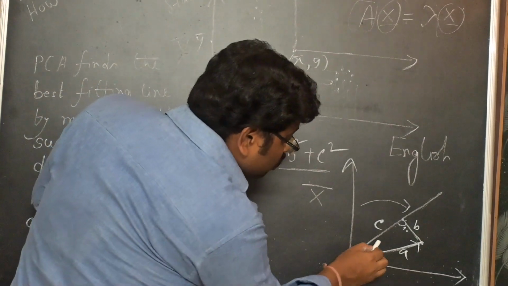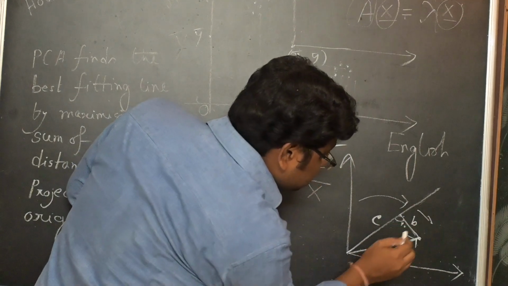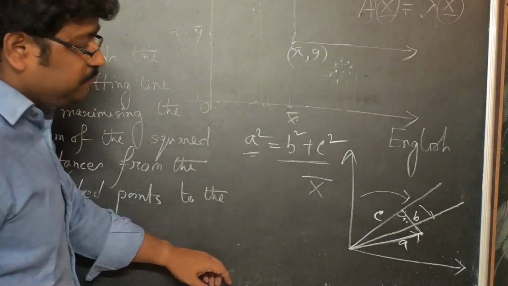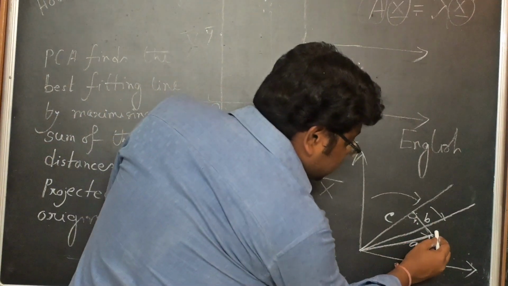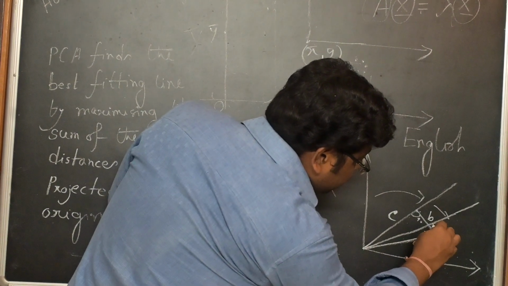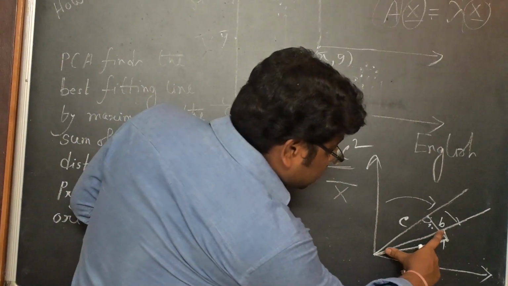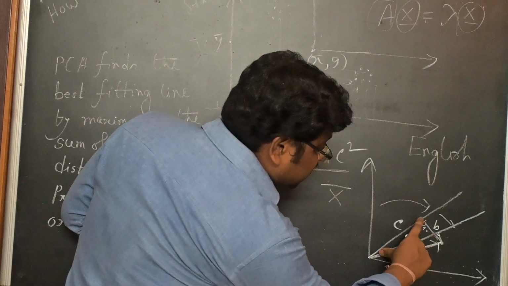If this line rotates in this direction, then we have this line, and if we again draw a perpendicular on it, naturally this portion is larger than this portion.